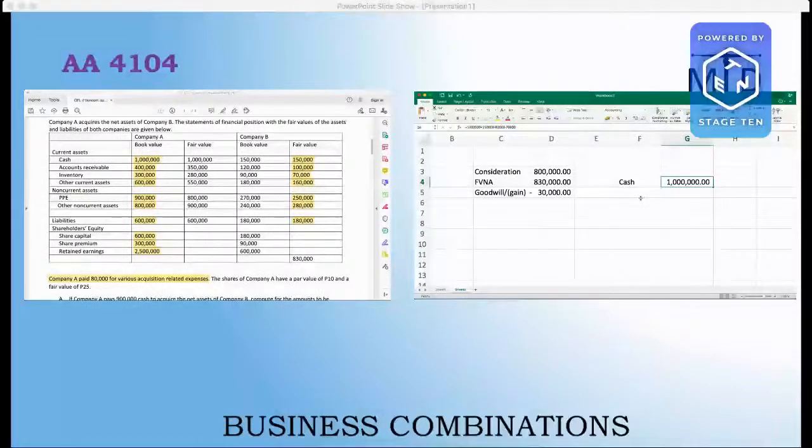So please don't forget those items, guys. Cash would be one of the trickier items that will be asked in business combination problems.